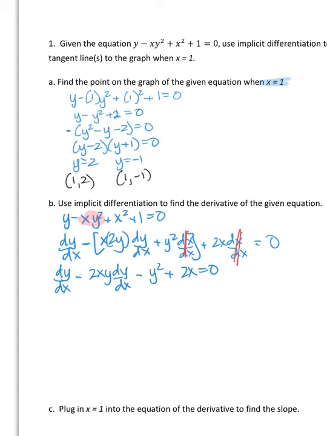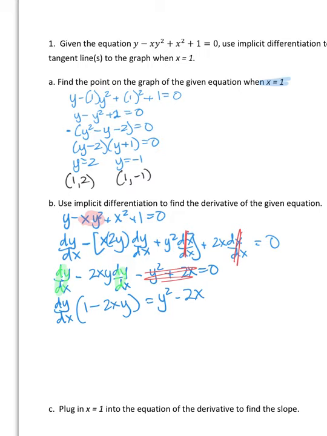So everything to the right except the dy/dx. Those need to go to the right, and we're going to do this in one little step here. If you notice, we have a dy/dx here and a dy/dx there. We're going to do the GCF of that. So we have dy/dx times 1 minus 2xy, and the stuff that I crossed off in red, the inverse is going to add that and subtract that. So we're getting both of those to the right hand side by using inverse operations.